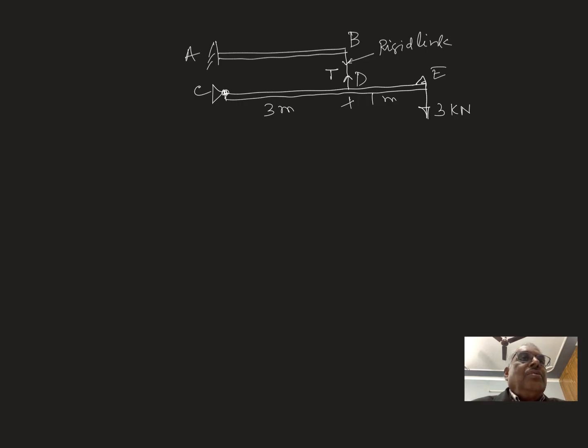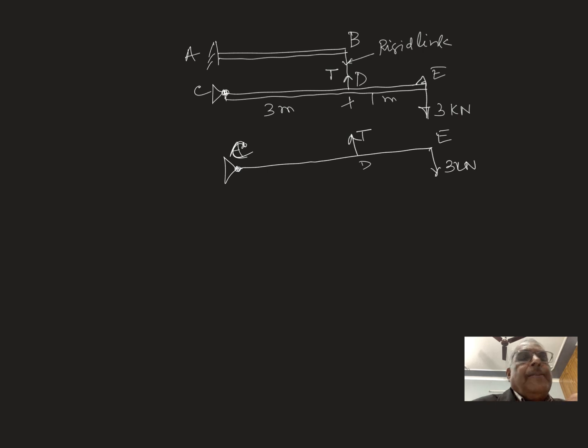Now you take the free body diagram, and here is the T. Here is 3 kilonewton. This is E point, this is D point, and this is A point, or C point.